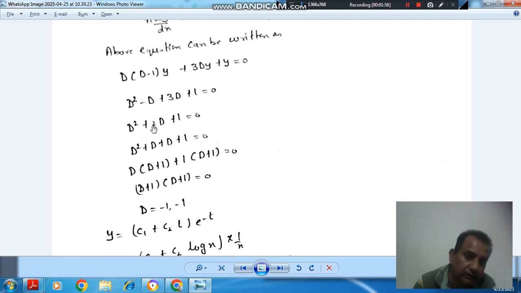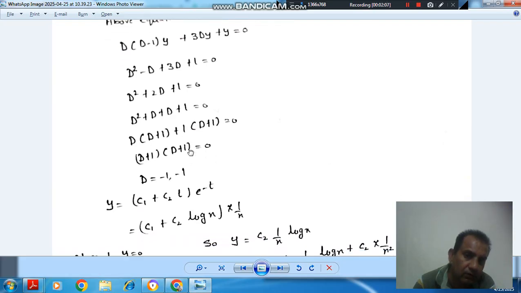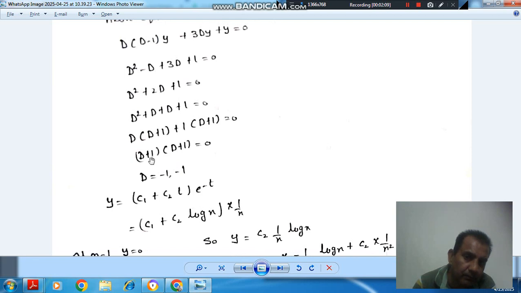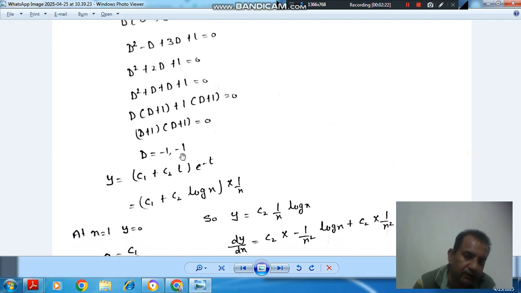Now 2D can be written as D plus D, so we take D common: D bracket D plus 1 bracket close plus 1 bracket D plus 1 bracket, so D plus 1 multiplied by D plus 1 will be 0. Directly, D square plus 2D plus 1 is D plus 1 whole square. So we get D is equal to minus 1 and minus 1. These are equal roots.